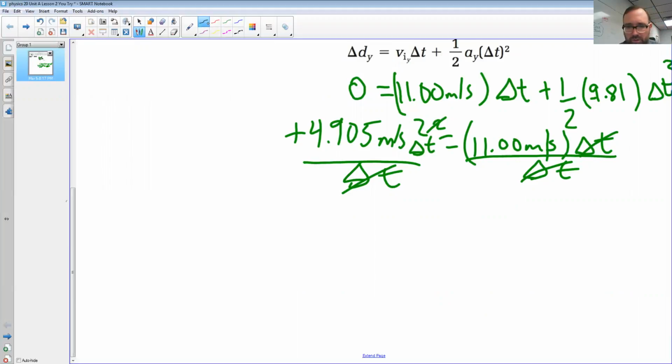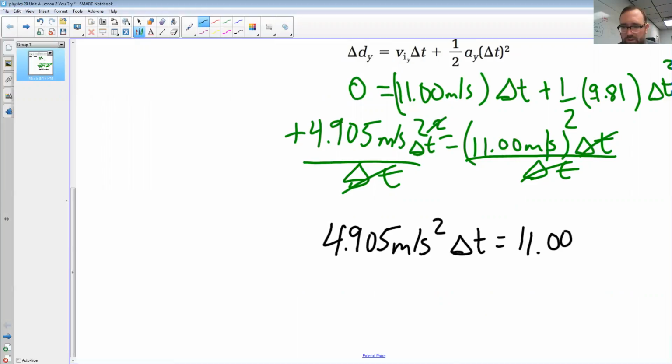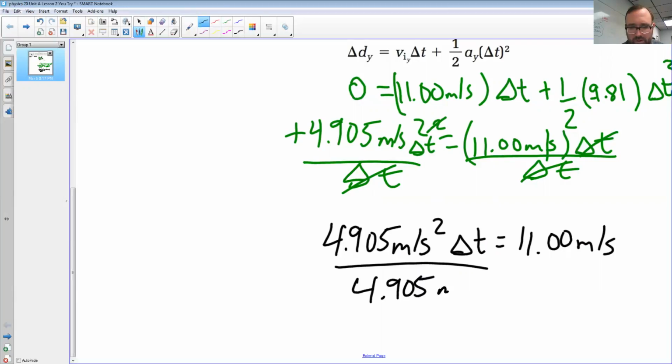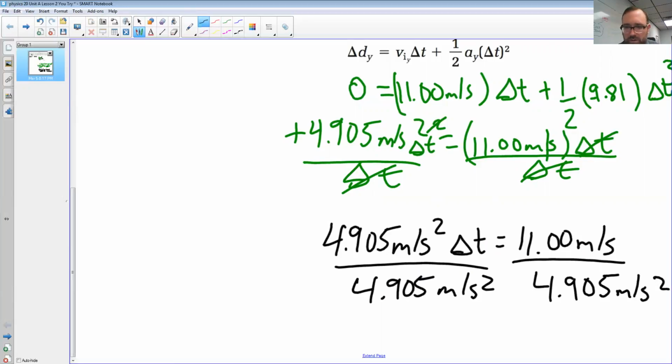That means we are left with 4.905 meters per second squared times time equals 11.00 meters per second. We're going to divide both sides by 4.905 meters per second squared. So 11 divided by 4.905, change in time will be 2.24.